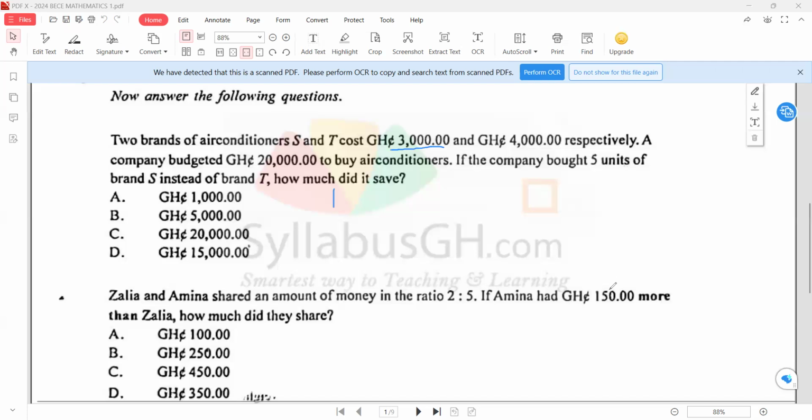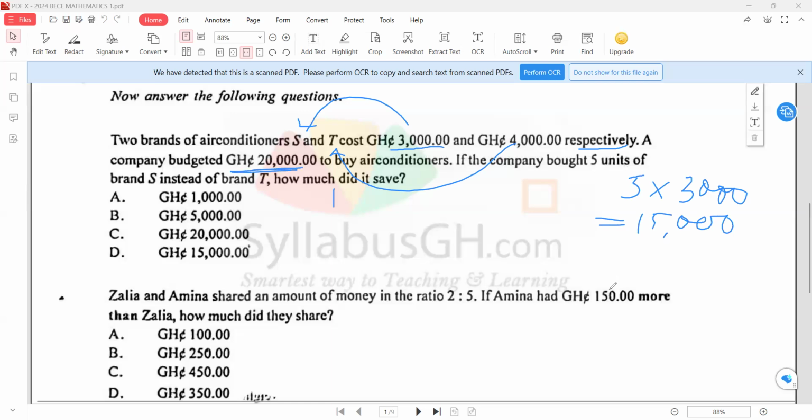Don't forget, once you see the word respectively, you mean the first for the first and the second for the second. So brand S is costing 3,000. If the company is buying 5 units of it, it's going to cost 5 times 3,000 Ghana cedis, which would amount to 15,000 Ghana cedis.